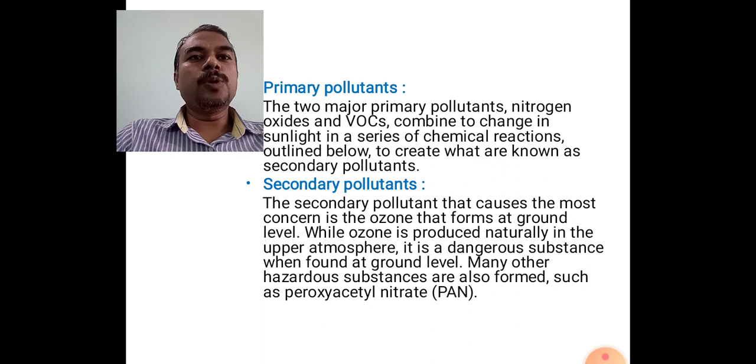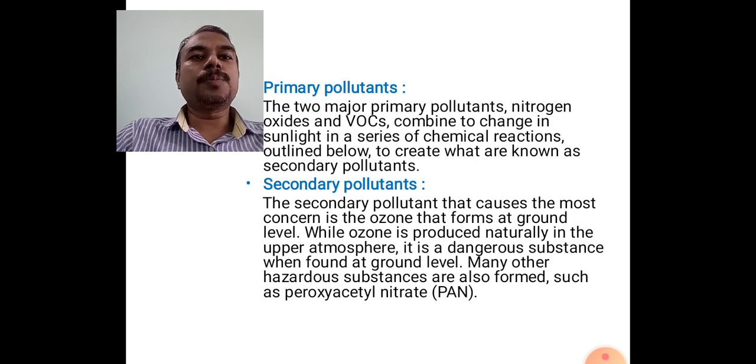Normally, the pollutants are divided into two categories. First one is the primary pollutant. Primary pollutants are those pollutants such as nitrogen oxide and volatile organic compounds, which normally react in the presence of sunlight.